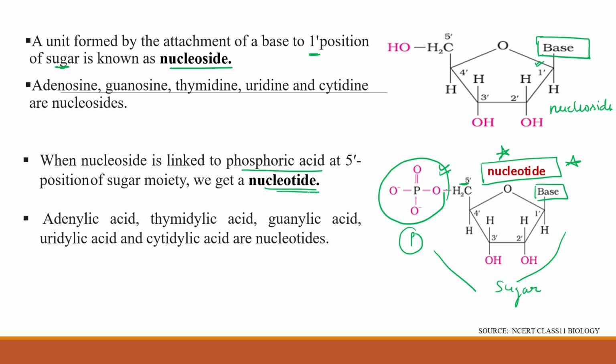And how do we pronounce this? As adenylic acid, because phosphoric acid is there. Guanylic acid, thymidylic acid, uridylic acid, cytidylic acid. And how do we pronounce the nucleosides? As adenosine, guanosine, thymidine, cytidine, like this.